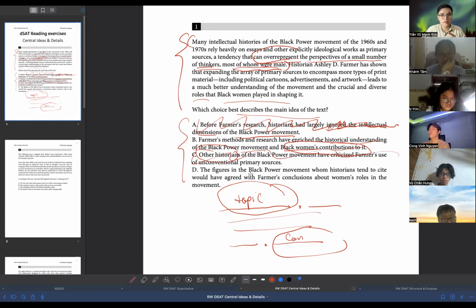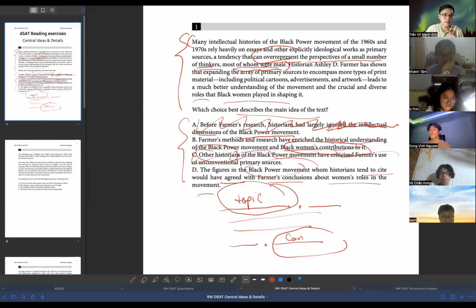How about D? The figures in the Black Power movement, whom historians tend to cite, would have agreed with Farmer's conclusion about women's role in the movement. The figures in the Black Power movement, whom historians tend to cite. So this, I don't think, is the main idea of the text. There are two scopes here.